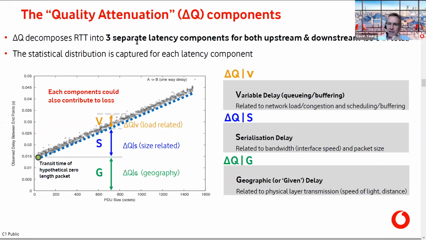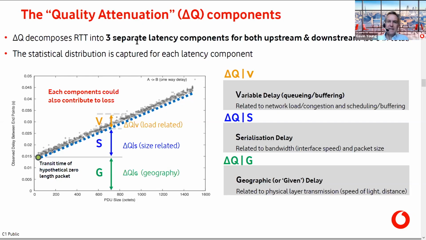And it turns out, and I'll give you a reference later, the Broadband Forum work on it, that those three characteristics of the graph relate to three sources of latency in that measurement. So the intercept point is effectively the transit time of a hypothetical zero length packet, and that's due to the geographic delay, the physical distance and the speed of light of that connection.